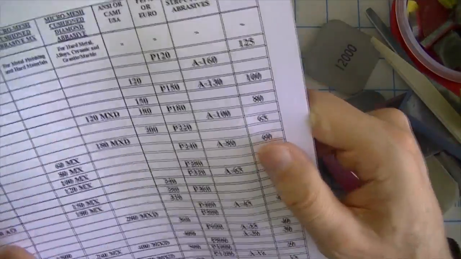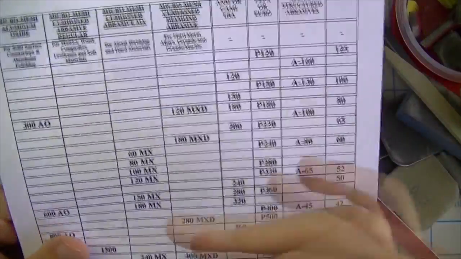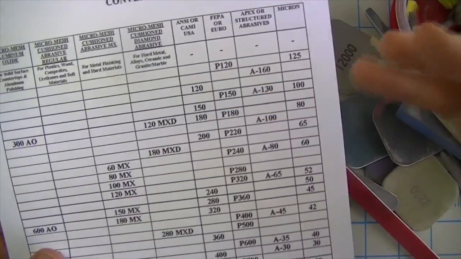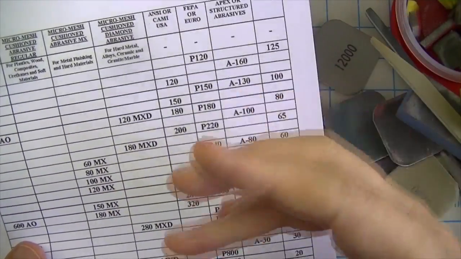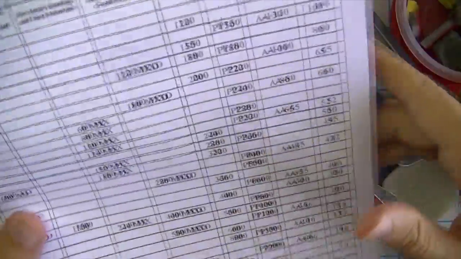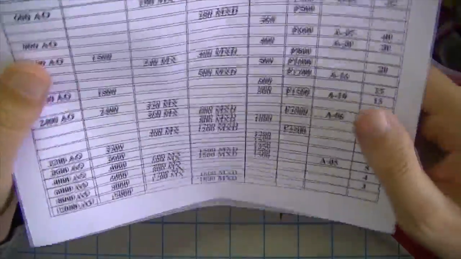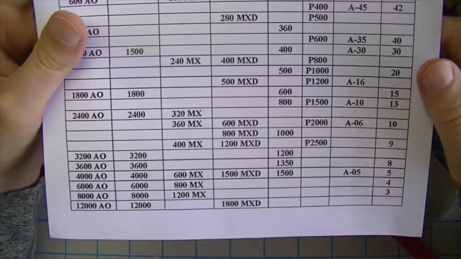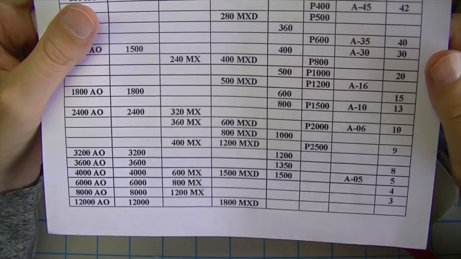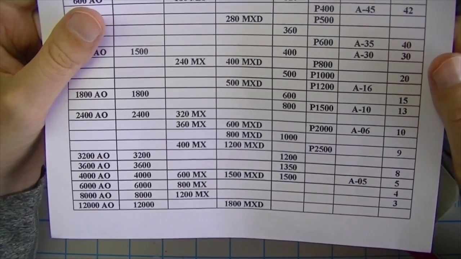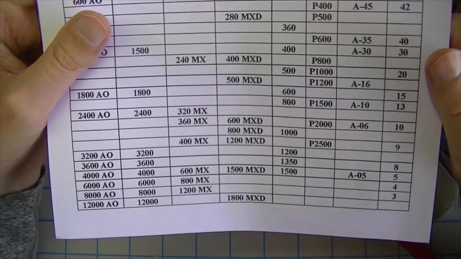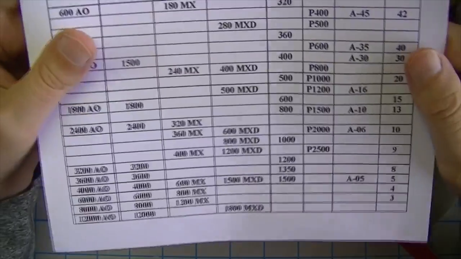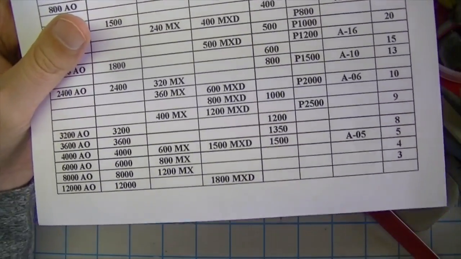And they have apparently decided that they don't care what the European or the American or the Chinese or the Japanese standards are for grit sizes, because they're going to just make up their own. And this will definitely clear up some confusion for you if you've wondered why someone says, oh, just use an 8,000 grit micro mesh cloth, and you don't have any micro mesh, and you go trying to find something that's equivalent, and there's no 8,000 grit anything at your local hardware store.